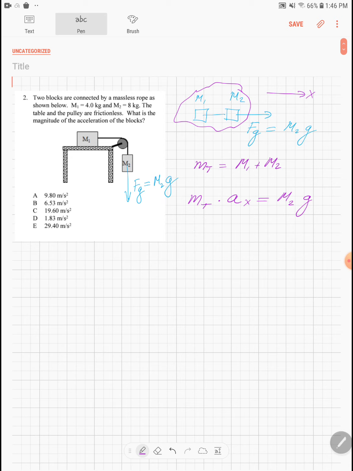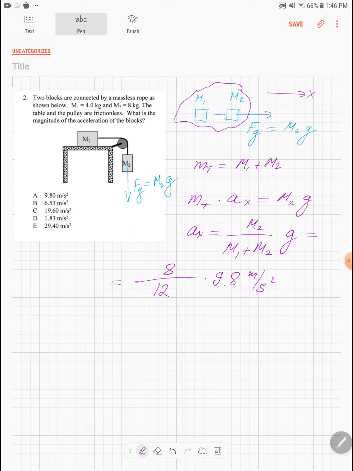Solving this for the acceleration ax, you will obtain M2 divided by the total mass, which is the sum of all masses, M1 plus M2, times G. In substituting the numbers, what we know is that M1 is 4 and M2 is 8. So it is 8 kilograms divided by 4 plus 8, which is 12, times 9.8 meters per second squared.